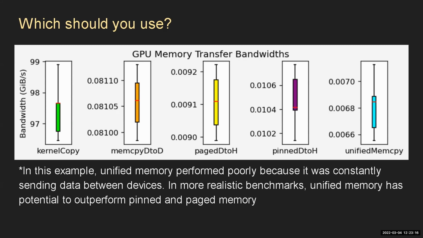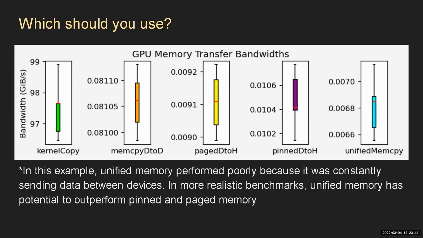And then next highest after that, and the highest out of the host memory transfers, is pinned memory. We would kind of expect that because it's in one place. It's a dedicated copy. So that's the next highest. And then you have page, and Unified actually finished this last year, but that's because this was a bandwidth benchmark.